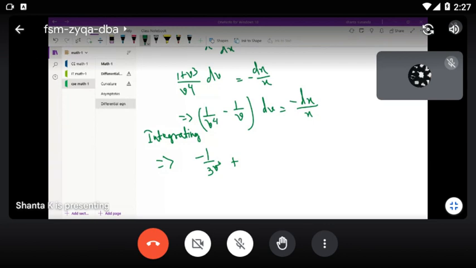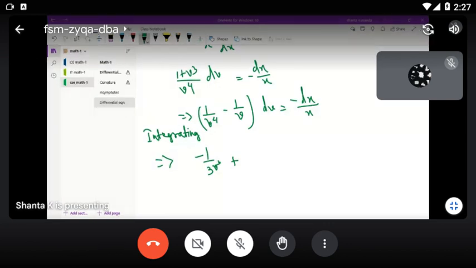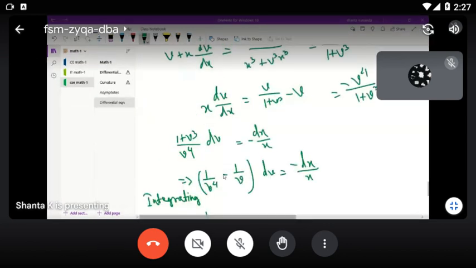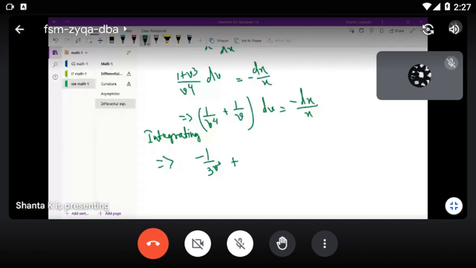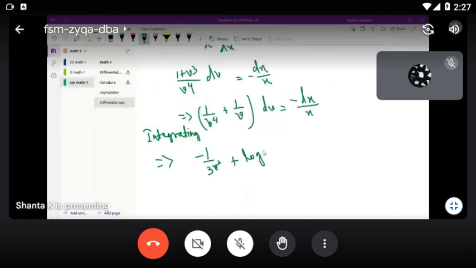So this is plus, I have written minus, this is plus. So here it is coming log v, log x plus log c.